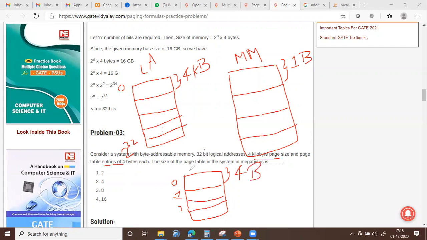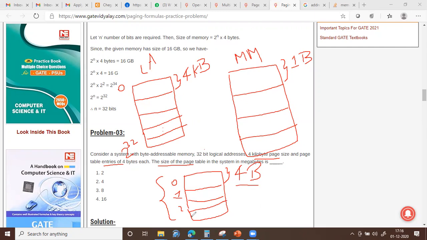Now the question is the size of the page table. We want to identify the total size of the page table. For that, what do we need? Each individual entry in the page table needs 4 bytes. So how do we calculate the total size?